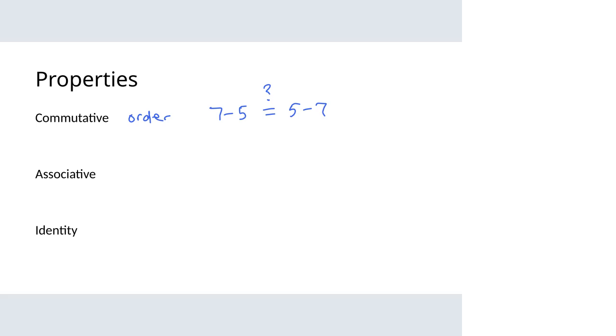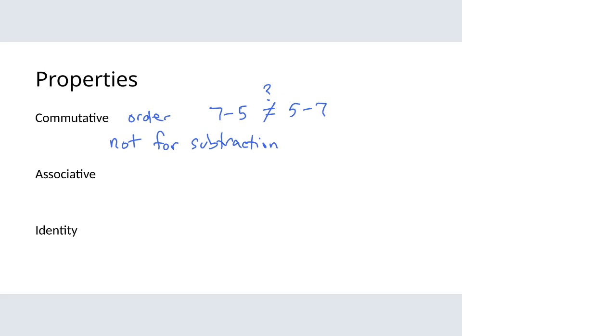No, it's not. 7 minus 5 would be 2. 5 minus 7 would be negative 2. So those two are not equal to each other. And so there is not a commutative property for subtraction. We had a commutative property for addition, but we don't have one for subtraction because it doesn't work.